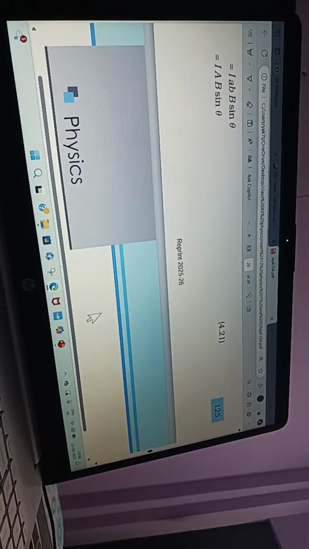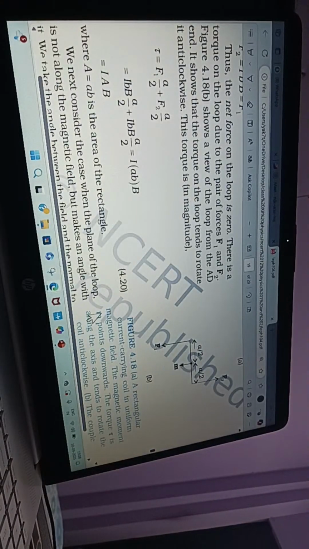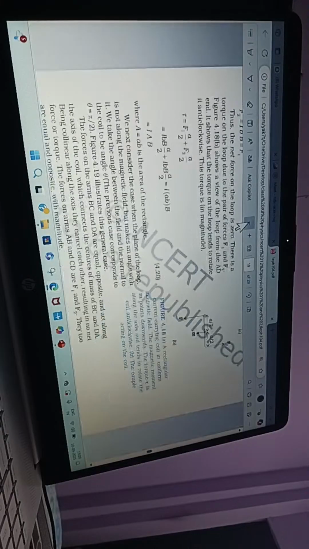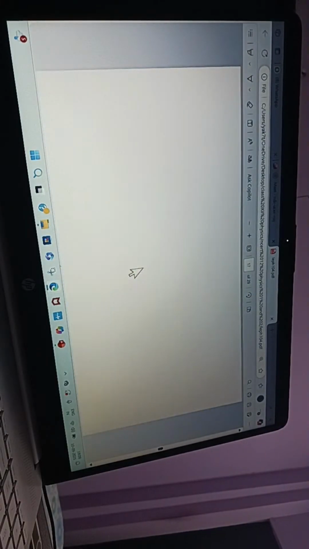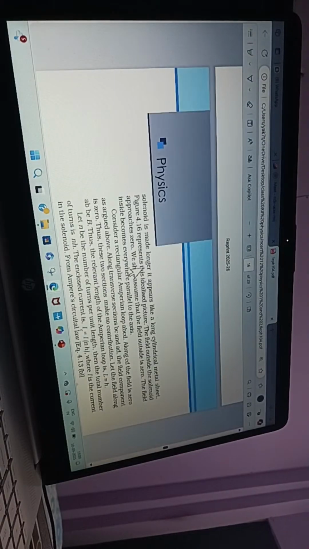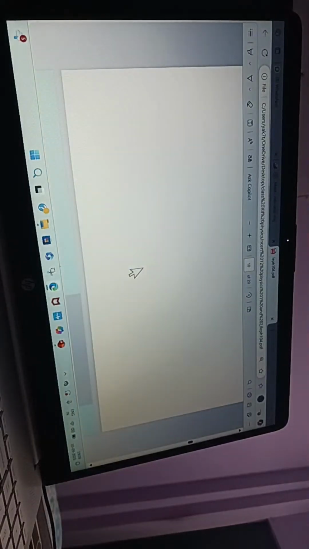Simultaneously, you can tick mark in your textbook so that it is easy for you to refer. You can note down. Okay. Actually, this is the one which I have to do.